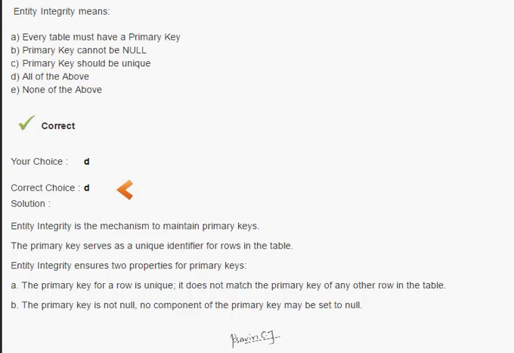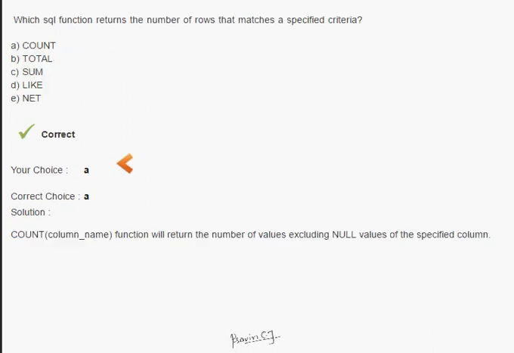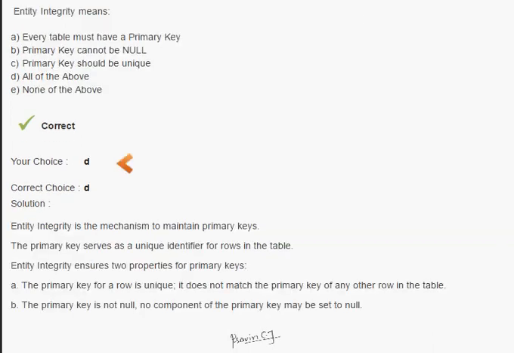Now we know primary keys are unique identifiers for a table, and they are unique and not null. So all our options are correct, and a table must have a primary key to have entity integrity. Okay, we'll move to the next question.